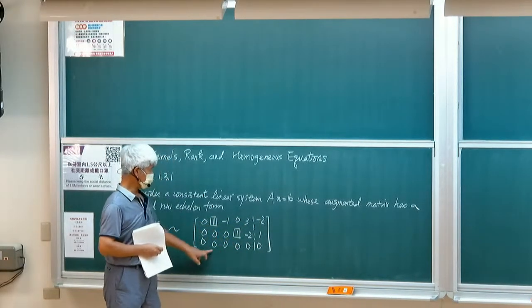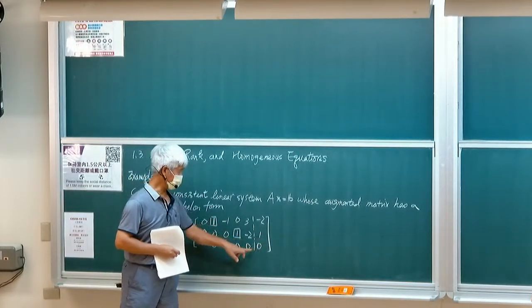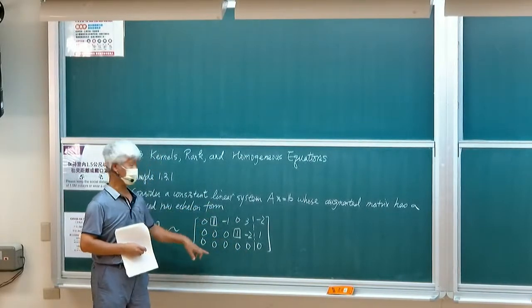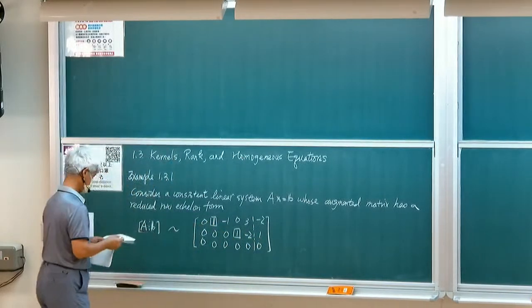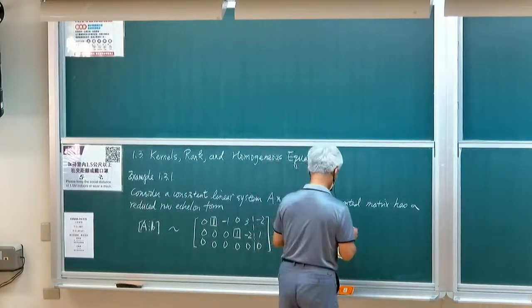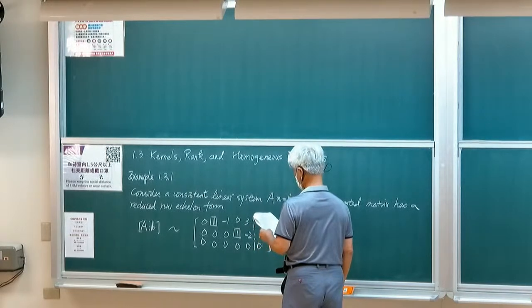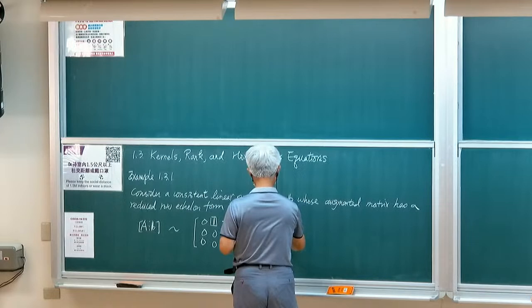So you can see that the entries here corresponding to all the 0 rows in the coefficient matrix should be 0. Okay, and so this is U.